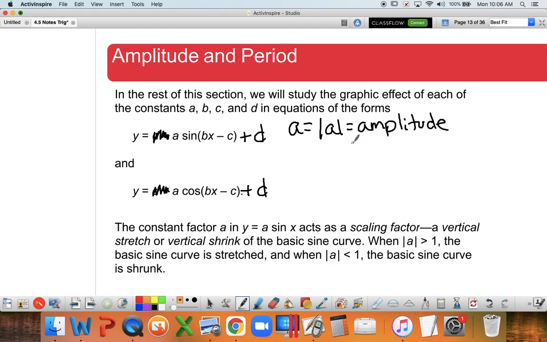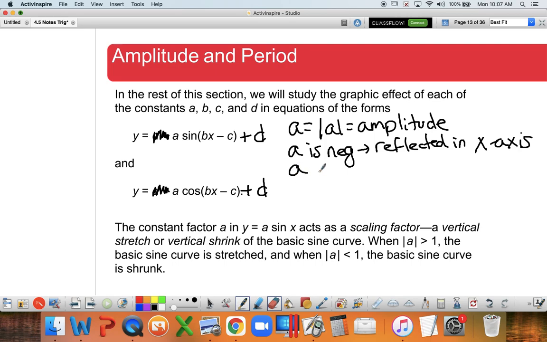A is also going to tell me whether or not it's reflected in the x-axis. So if A is negative, it's going to be reflected in the x-axis. And hopefully that makes sense to what we learned last year. If I've got a negative out in front, I'm going to see a reflection in the x-axis.